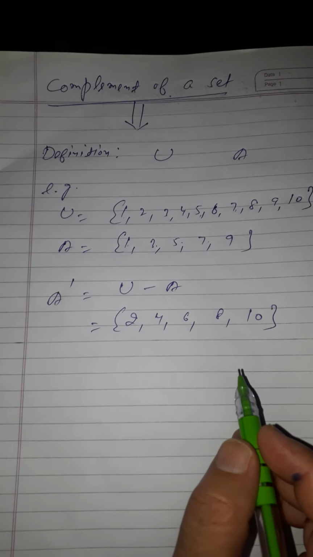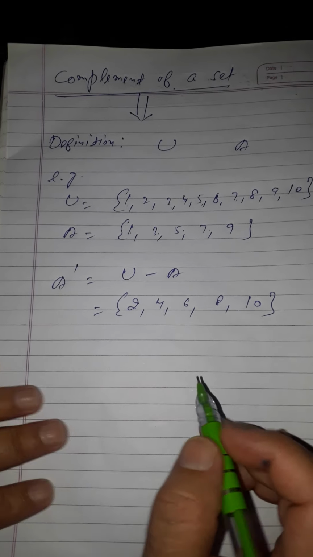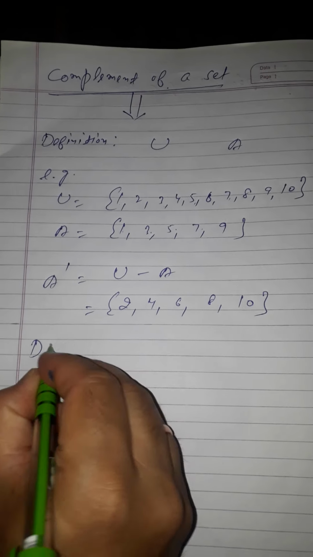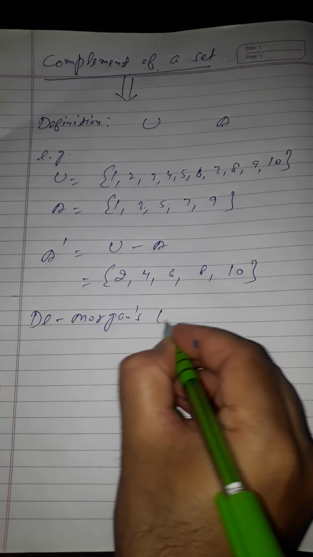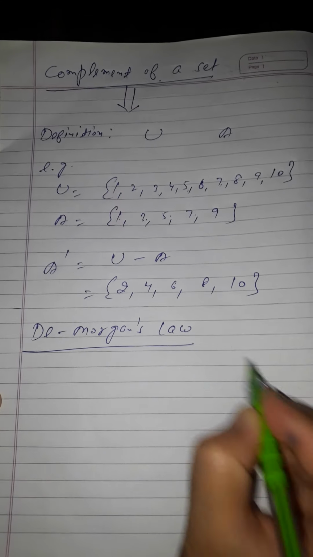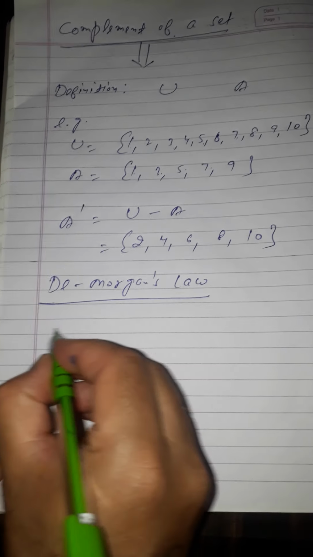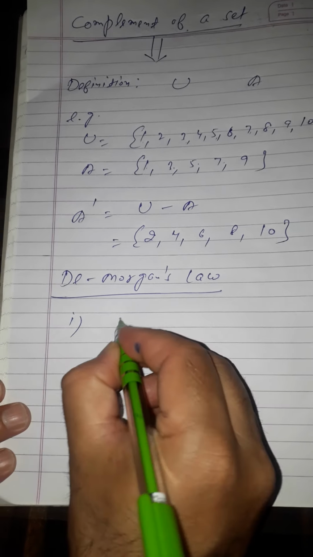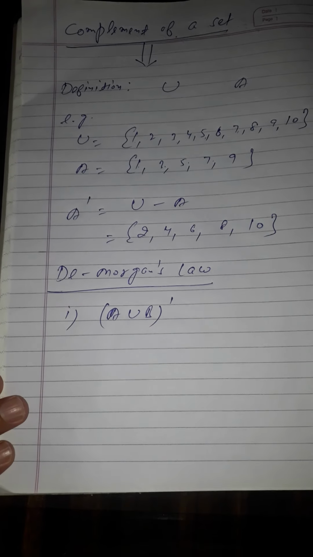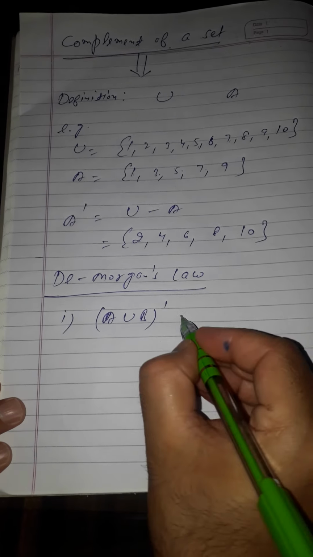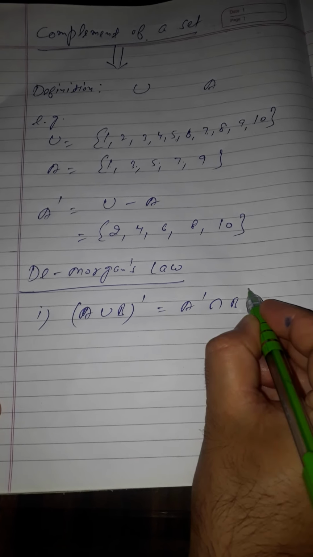Now after that let us come to De Morgan's law, students. This is very important. Here I am going to tell you how we will make use of De Morgan's law. First is A union B. Always remember, students, its complement is equal to A complement intersection B complement.